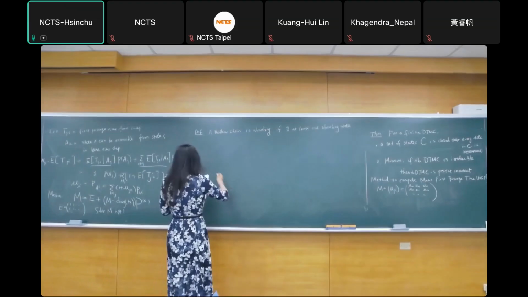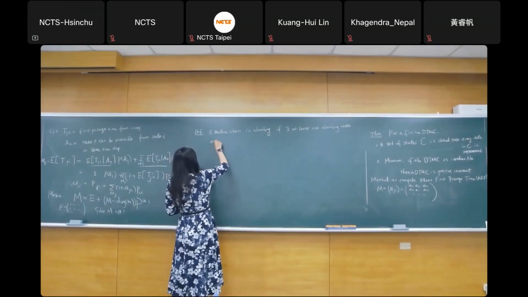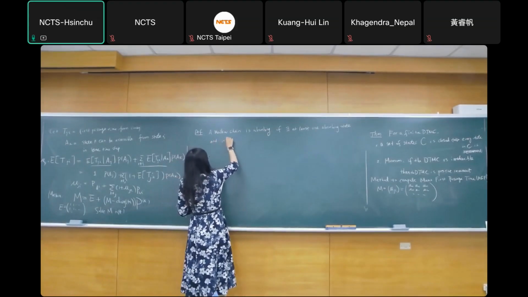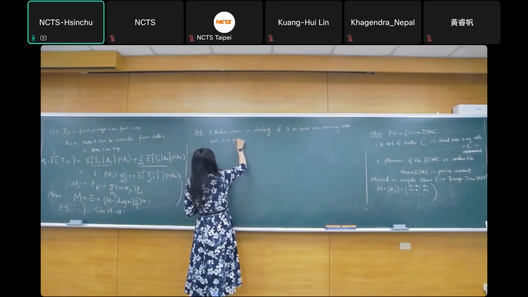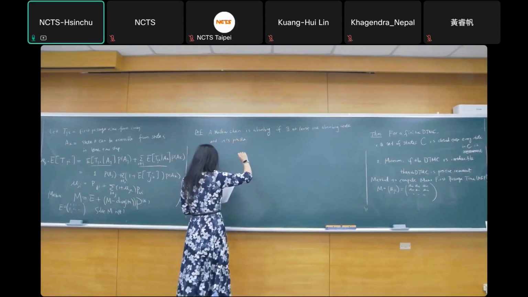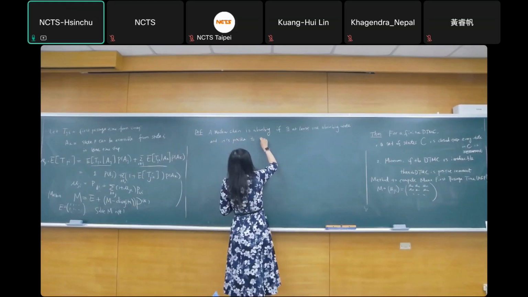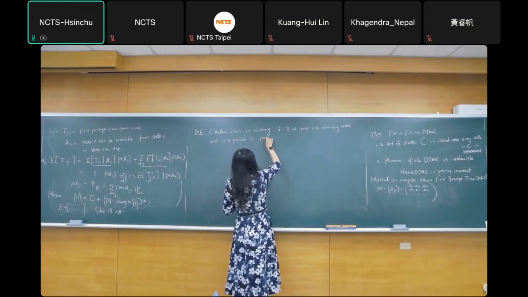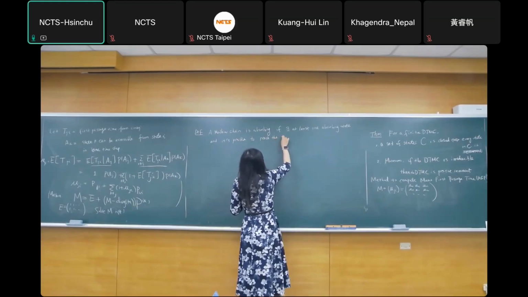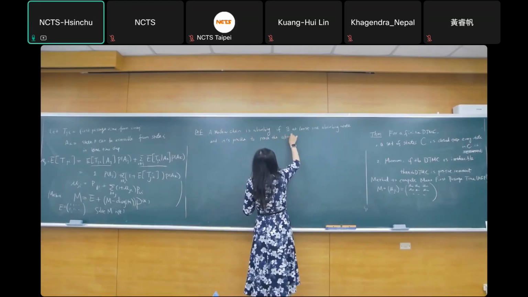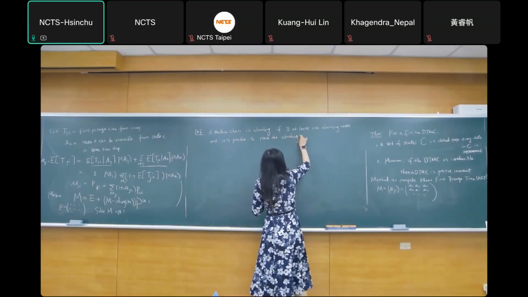There exists an absorbing state, and not only that, it's possible to reach the absorbing state from every other state.